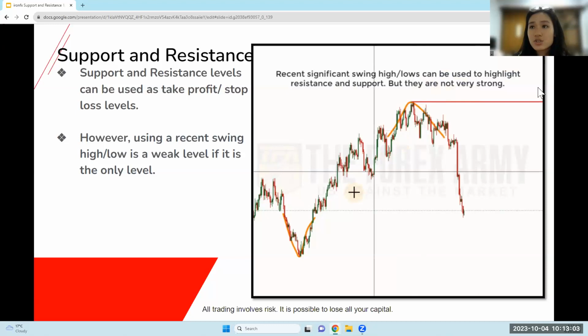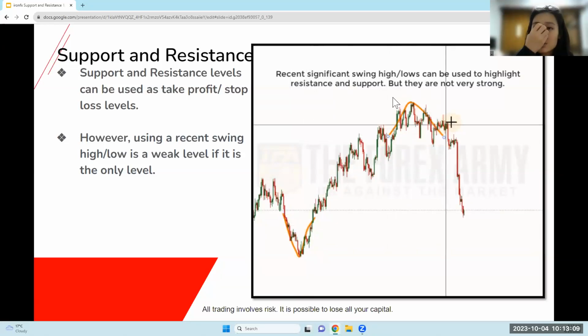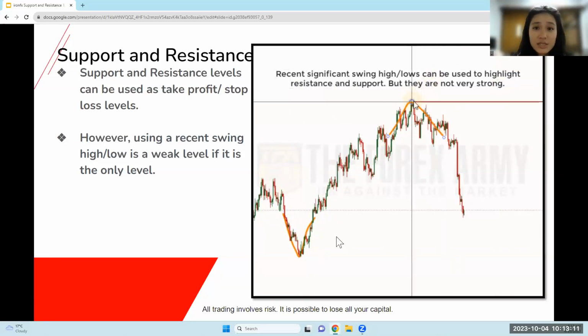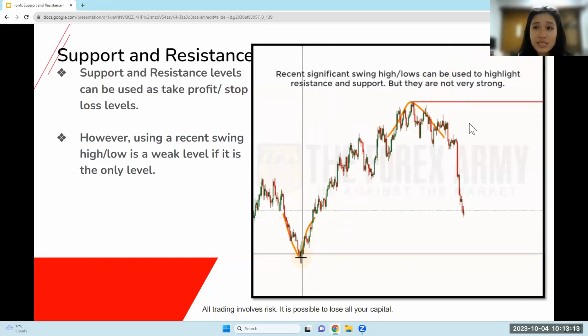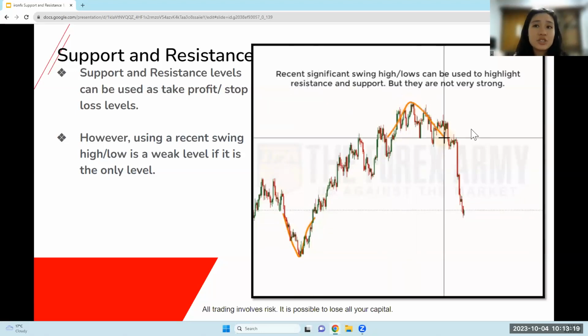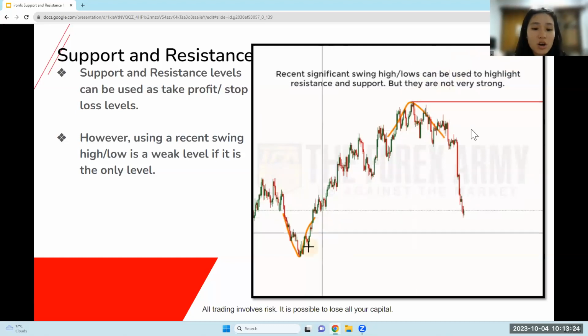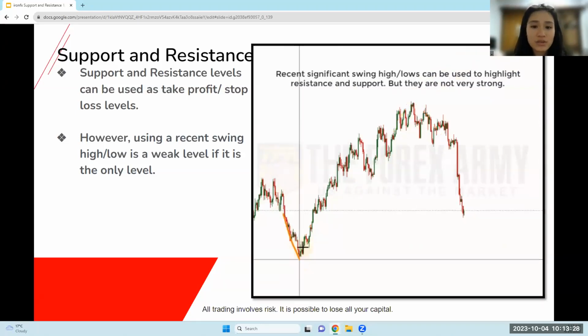So you can see in this GIF here, the recent swing high and lows, although they are significant, so you can see them very clearly, but they are not strong levels to use because we don't have additional Fibonacci levels to support them, and we don't have pullback or overlap support levels or multiple swing high or swing low support levels.